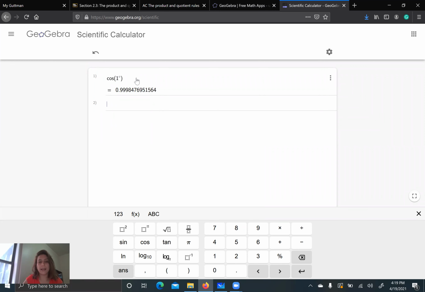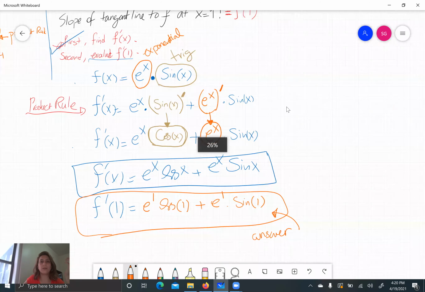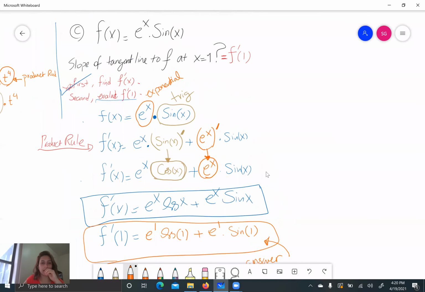So you get decimals, and usually if the question asks you to enter your answer as a number, they tell you how many decimals to round to. So in case the question asks you to round it or evaluate it, you use the scientific calculator in order to simplify this. Otherwise, you can leave your answer like this: e times cosine of 1 plus e times sine of 1, which is the answer to this problem.